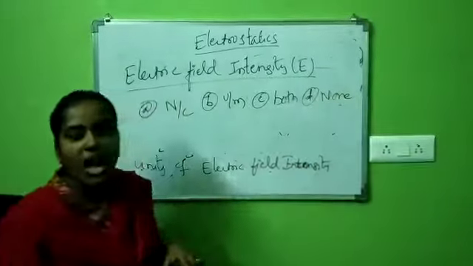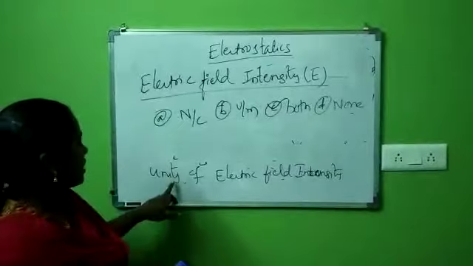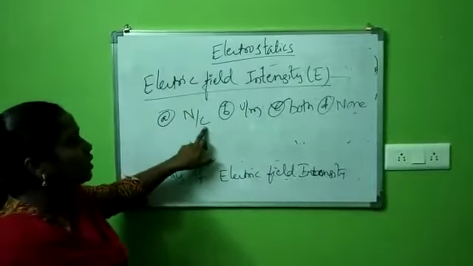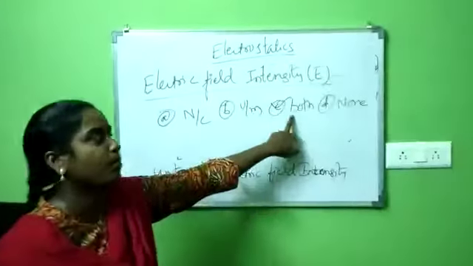So you have to choose the option as both, because E has the units of newton per coulomb as well as volt per meter. So you have to choose the answer as C, both.